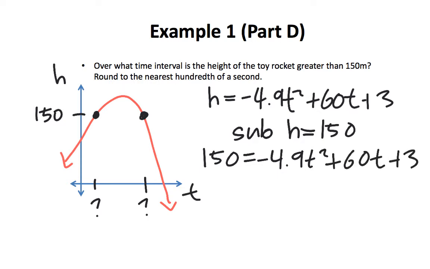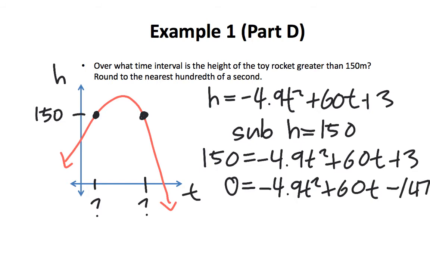Next, we want to collect like terms. So we're going to move the 150 to the other side of the equation. The left becomes a 0. And basically you have positive 3 and negative 150, which is negative 147.